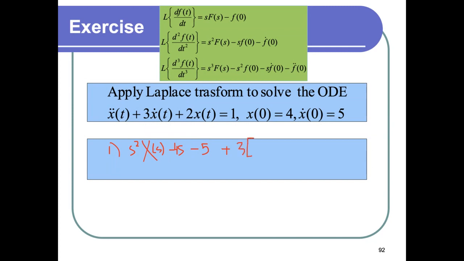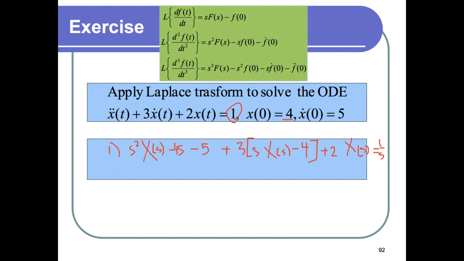From x dot, which is s X of s minus x evaluated at 0, which is 4, plus 2 capital X of s. This is all equal to, what is the Laplace transform of this? It's 1 over s.